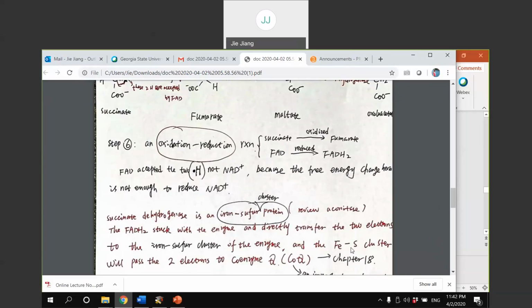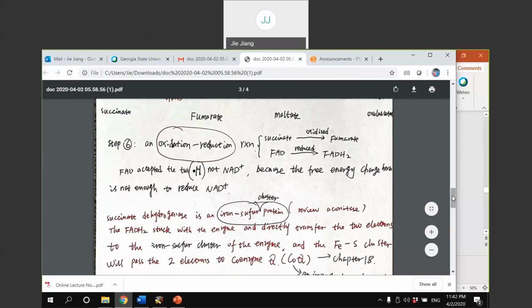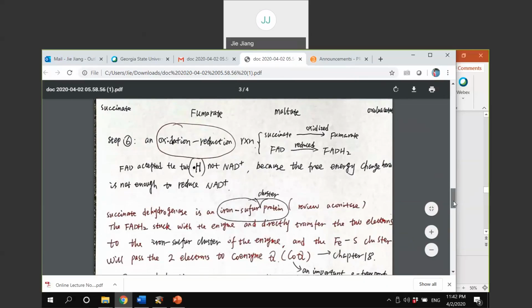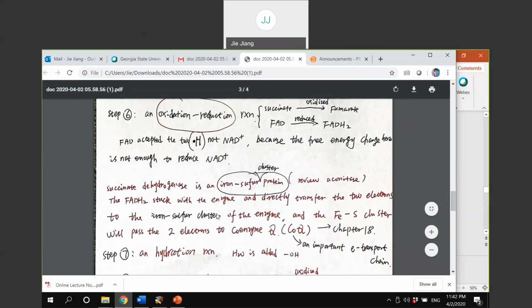And this iron-sulfur cluster will pass these 2 electrons to coenzyme Q. This Q will further enter oxidative phosphorylation, which we will discuss in more detail in chapter 18. Actually in chapter 18 we're going to review this enzyme again. Very interesting.